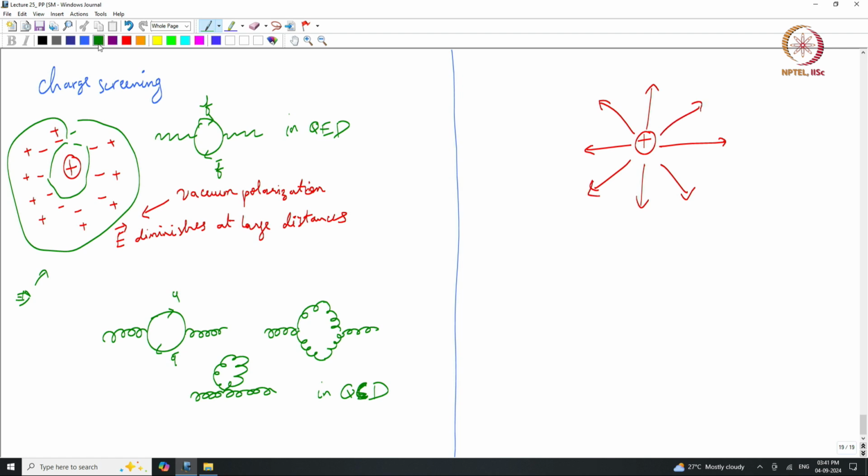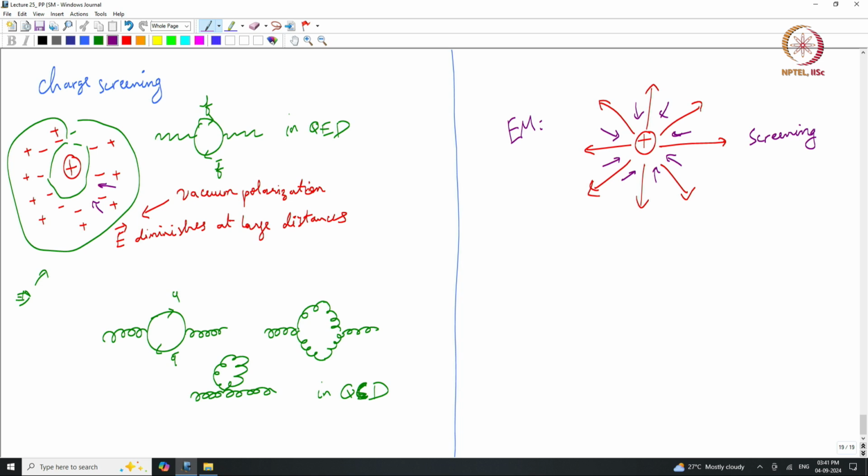However, the screening was acting in the opposite direction, right? Agreed? From all these positive and negative charges. So this acts in this direction. That's how I ended up with a screened charge. So electromagnetism, screening.